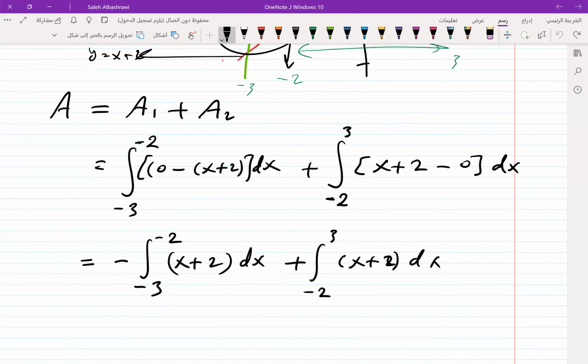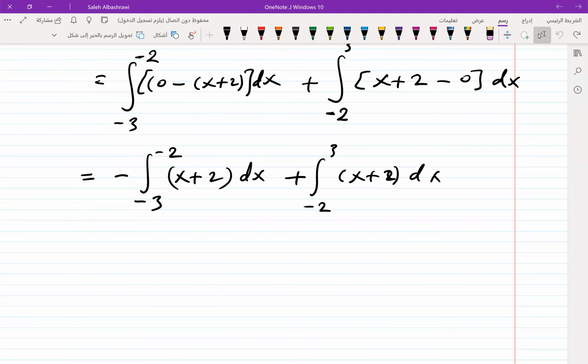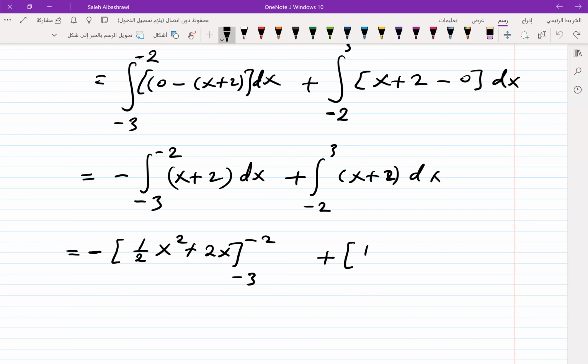Let's evaluate. The first one is minus of 1/2 x squared plus 2x, with limits from minus 3 to minus 2, plus the second one, 1/2 x squared plus 2x from minus 2 to 3.